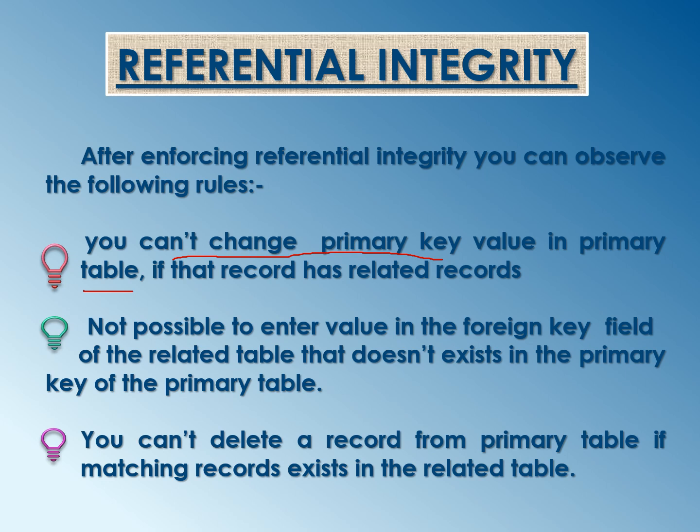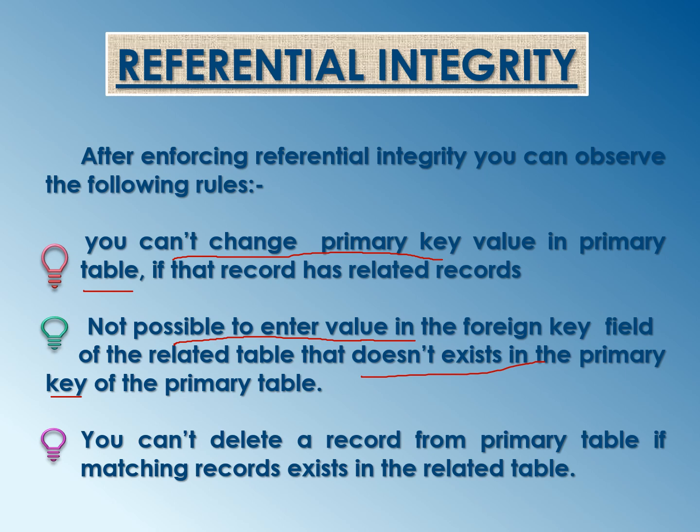Right? Second, it is not possible to enter values in the foreign key field which do not exist in the primary key. I cannot have any department for a teacher which does not exist in the department table. I hope that makes sense.